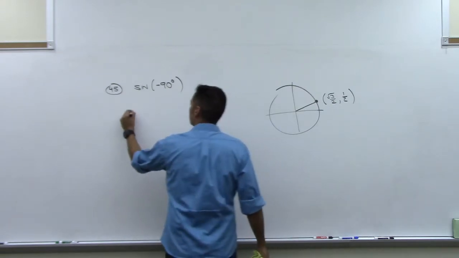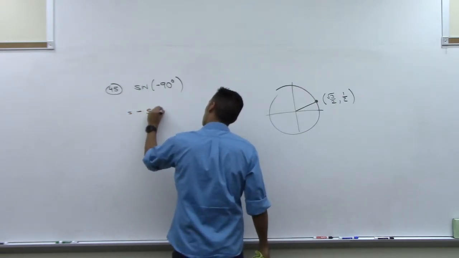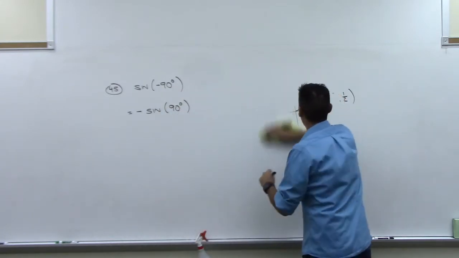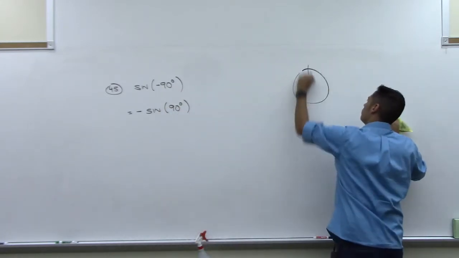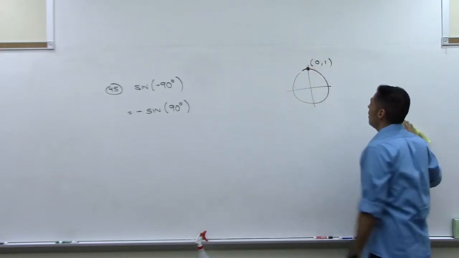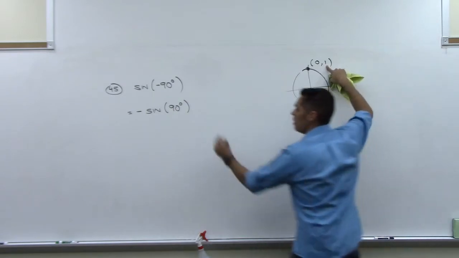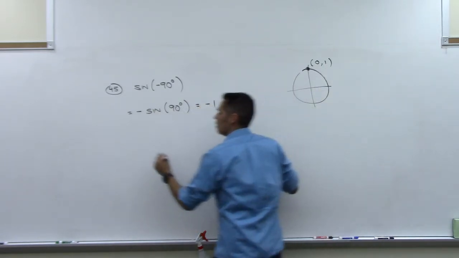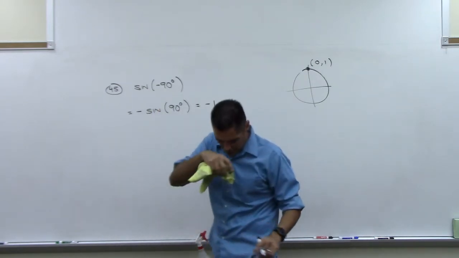For this one, again, sine is odd, so this is negative sine of 90 degrees. 90 degrees on our unit circle is straight up. Up here, 0, 1 is the point, sine is the y-coordinate, so it's just going to be negative and then 1, so negative 1.